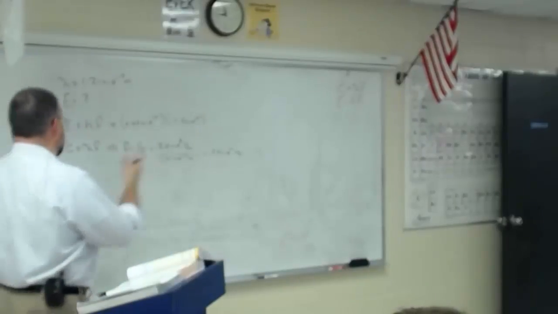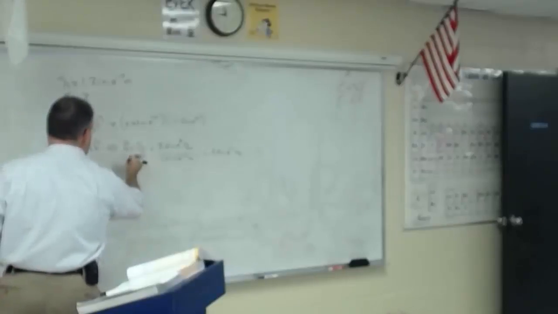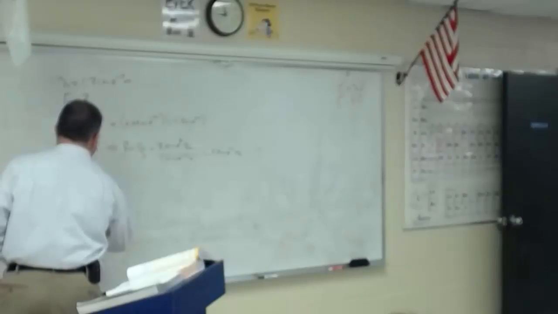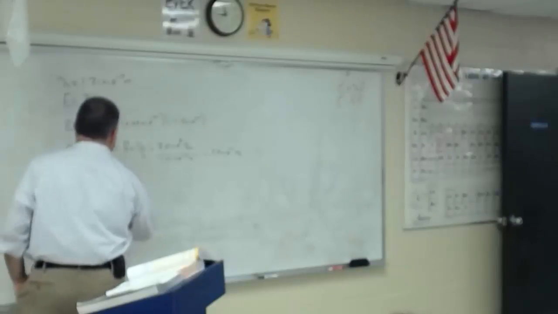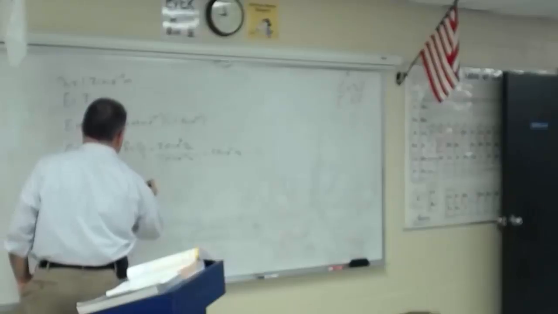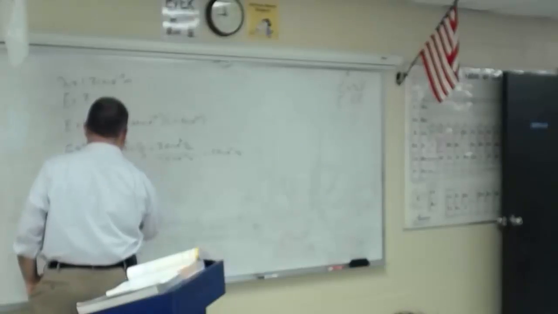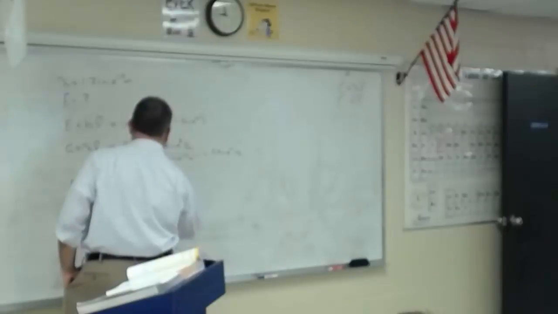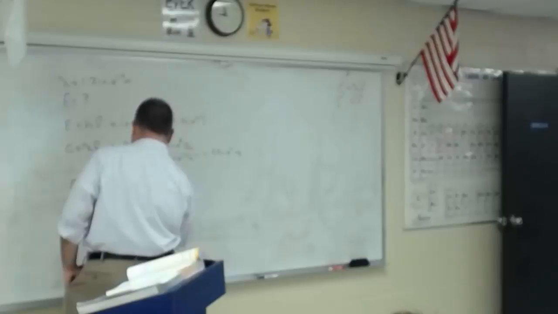If I decided I wanted to be trickier and use replacement here, E equals hf, but that is also equal to c over lambda, I could put 6.63 times 10 to the negative 34th times 3.0 times 10 to the 8th divided by 1.21 times 10 to the negative 12th.